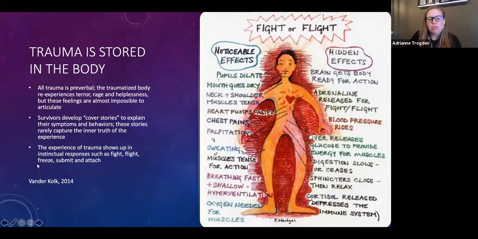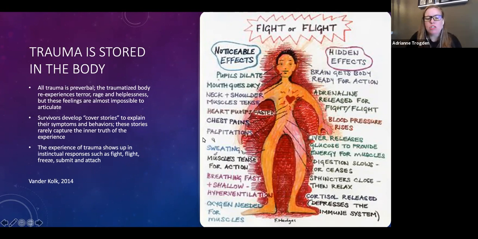And the experience of trauma shows up in our instinctual responses, such as fight, flight, freeze, submit, or attach. Depending on what their trauma experience was and how they processed or experienced it, whether it was chronic or one single incident, that part of the brain that's responsible for our fear responses, when we're in that moment, what's triggered is either flight, fight, freeze, submit, or attach.